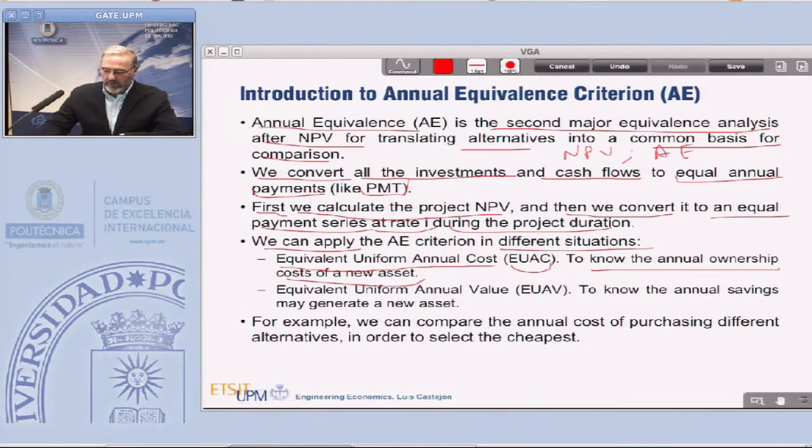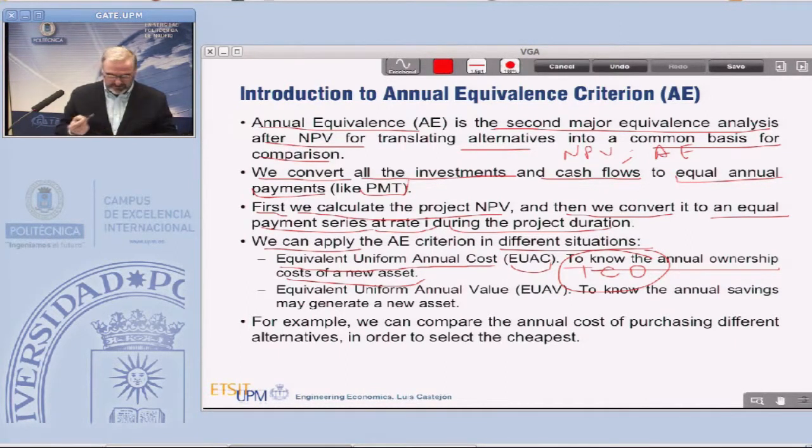Then they want to know the total cost of ownership of this facility, of this service. So this is a very big issue for companies. They always try to know the TCO, which perhaps you have heard before. That is what we are going to learn.